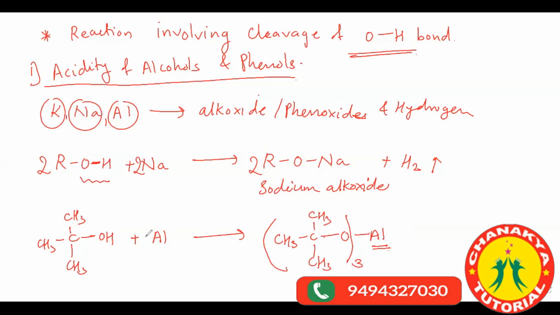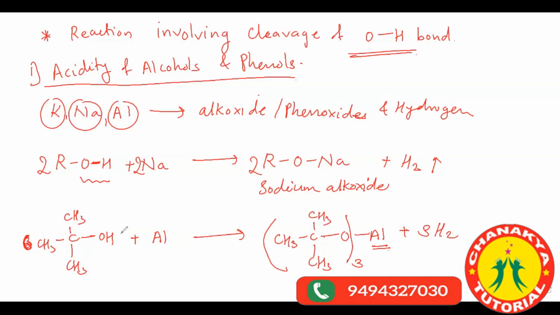To balance the aluminium, how many molecules of tertiary butyl alcohol should you take? 3 or 6? 6 you should take. Why 6? Here, you can check how many hydrogen should be released. H2, so there will be 3 molecules of H2, that is 6 hydrogen.